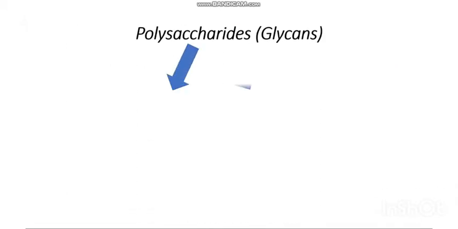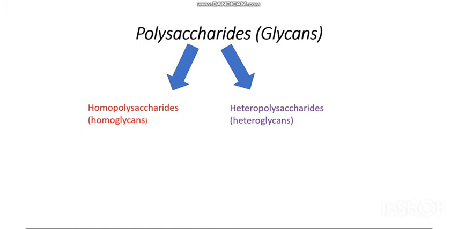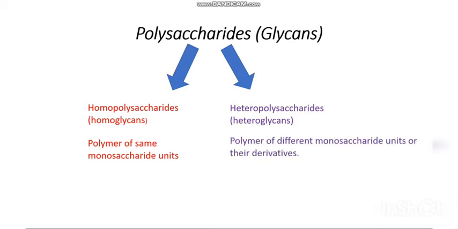Polysaccharides can be classified as homopolysaccharides or homoglycans, and heteropolysaccharides or heteroglycans. Homoglycans are polymers of the same monosaccharide units, whereas heteroglycans are polymers of different monosaccharide units or their derivatives.